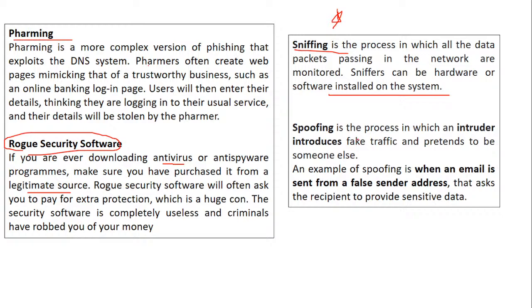Whereas spoofing is the process in which an intruder introduces fake traffic and pretends to be someone else. For example, an email is sent from a false sender address, asking the recipient to provide sensitive data. So spoofing is done with the help of emails, whereas sniffing is a process in the form of hardware or software.